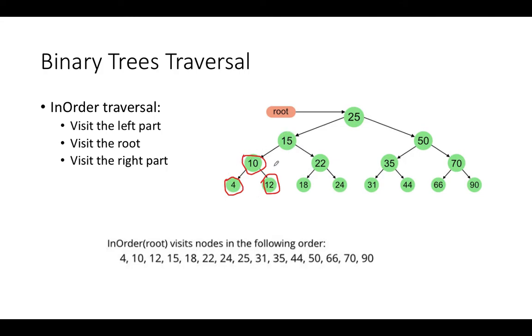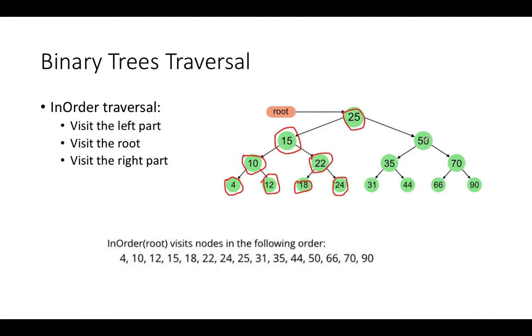So we are done with this part of this root. After we finish with the left part, we visit the 15. And after the 15, we go to the right part. But before we visit 22, we have to visit 18, and then 22, and then 24, because it's in order. After we finish all this left part, we visit the 25. And after the 25, we go to the right part.